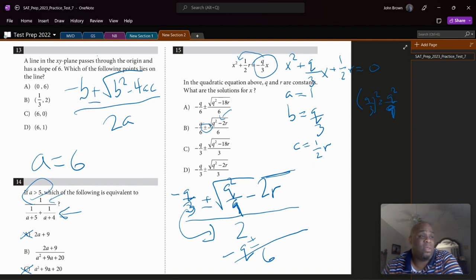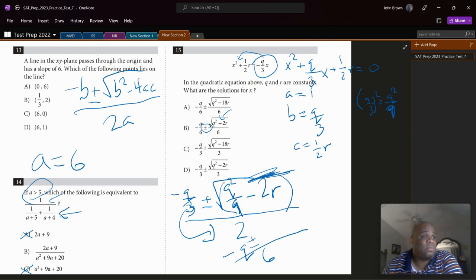But then this is the tricky part here. I have to factor out, I have to change this to like 1/9. Got to factor out a 1/9 from this middle term here, because 1/9 is a perfect square, and I can pull that out from underneath this. Does that make sense?